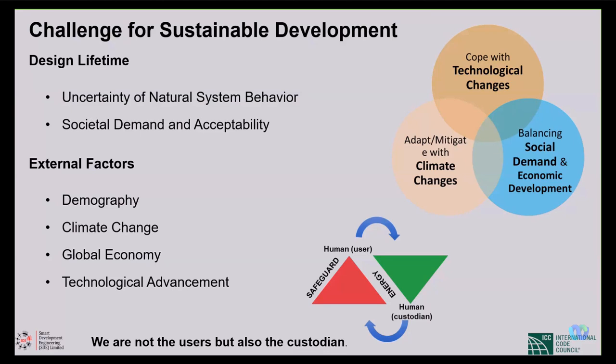We have to cope and adapt with climate change, and also understand the social demands and natural requirements, balancing social demand with natural resources. Overall, we are sitting on the pyramid shown in the red triangle. We are users. We are the users of everything.